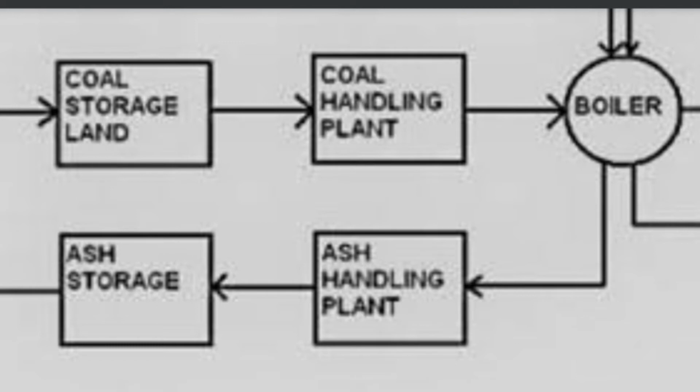From the coal storage plant, coal is delivered to the coal handling plant where it is pulverized. Here you have to understand what is meant by pulverized. So making small pieces in order to increase its surface exposure, thus promoting a rapid combustion without using large quantity of excess air.